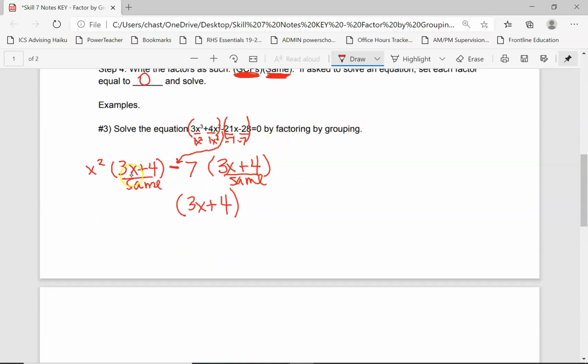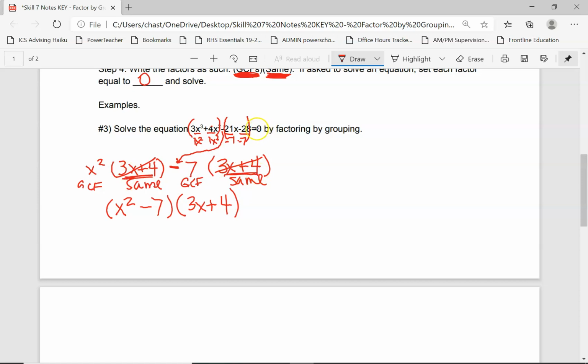Okay, so my sames are 3x plus 4. I like to cross them out to be able to visually see what's left over. The other factor is x squared minus 7. Those were the things that were the GCFs. GCFs do not have to be the same. Just the groupings that were left over have to be the same.